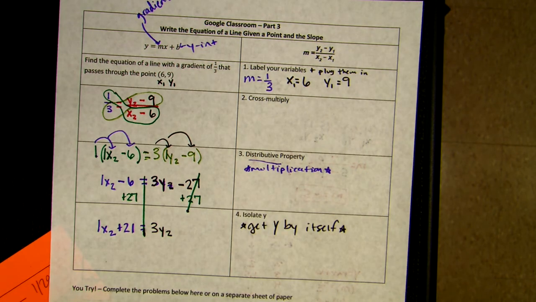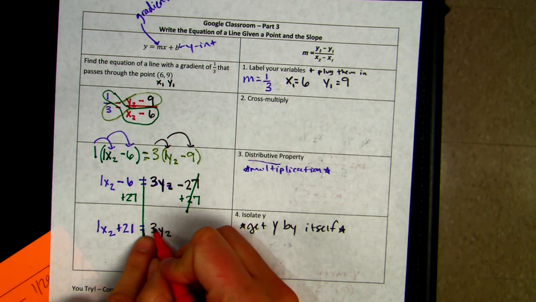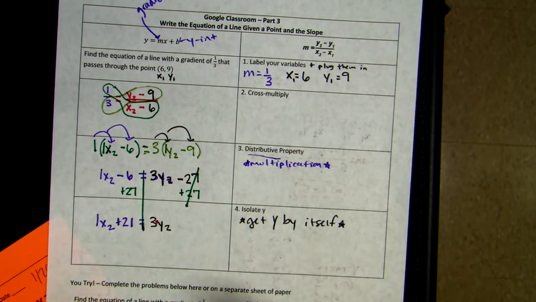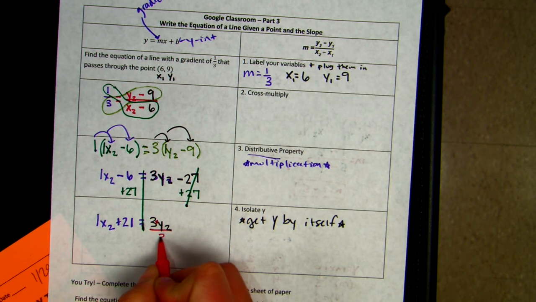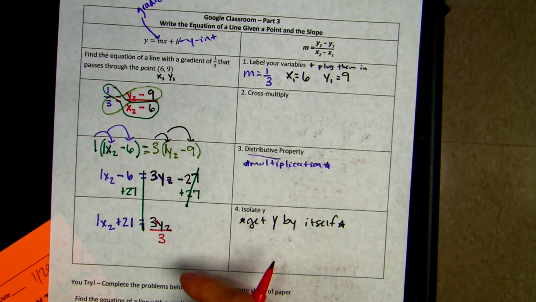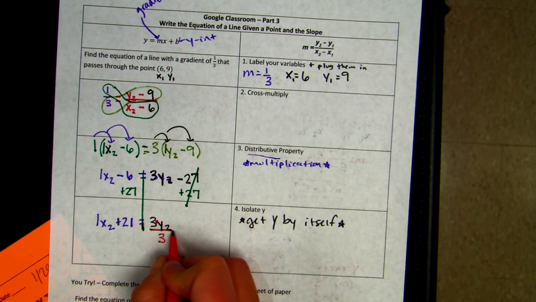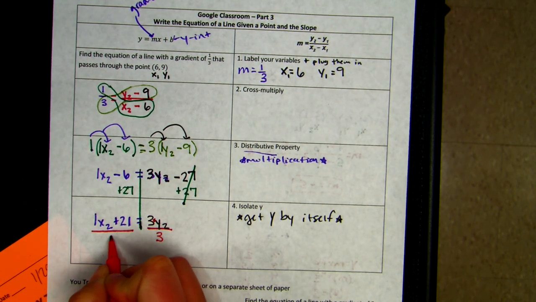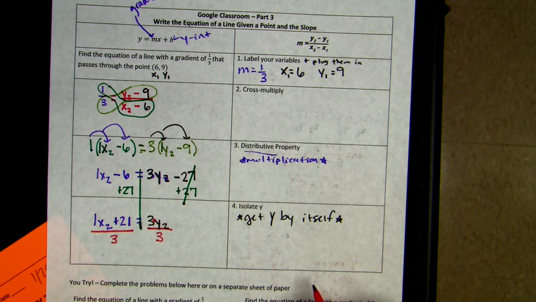Now, y isn't totally by itself yet. The very last thing that I'm going to do, I know that 3, if it's right next to y, means multiplication is happening here. So to cancel out multiplication, I'm going to divide by 3 on both sides of the equation. Now, I divided by 3 on this entire side of the equation, which means I need to divide by 3 on this entire side of the equation as well.